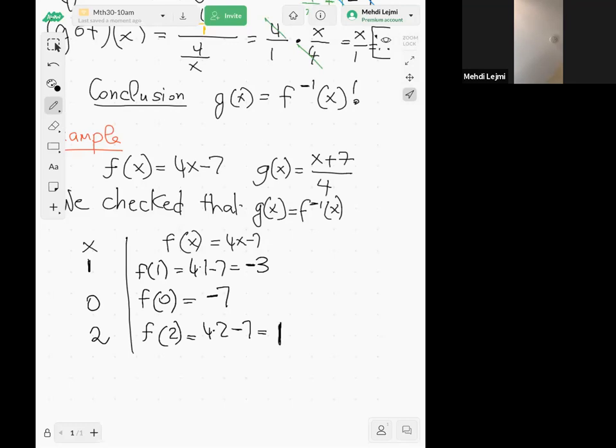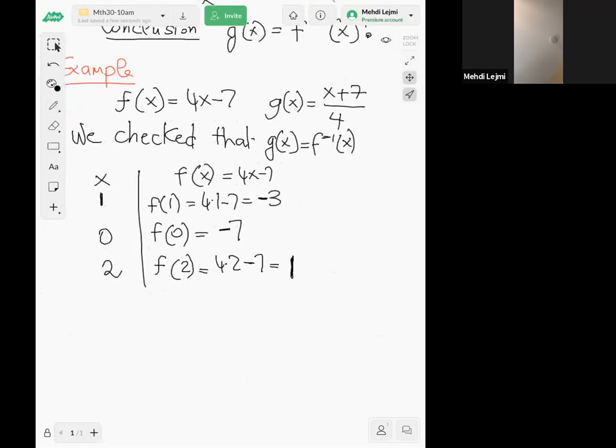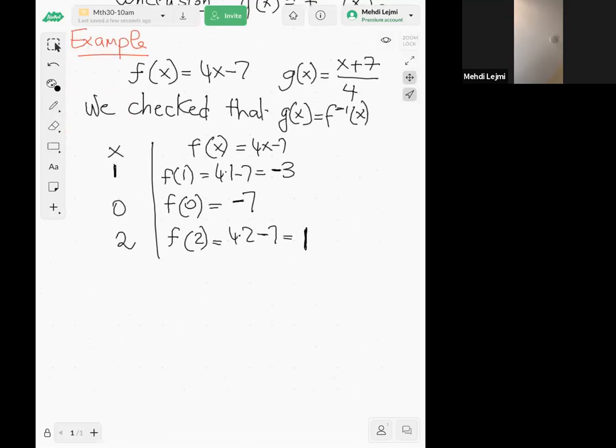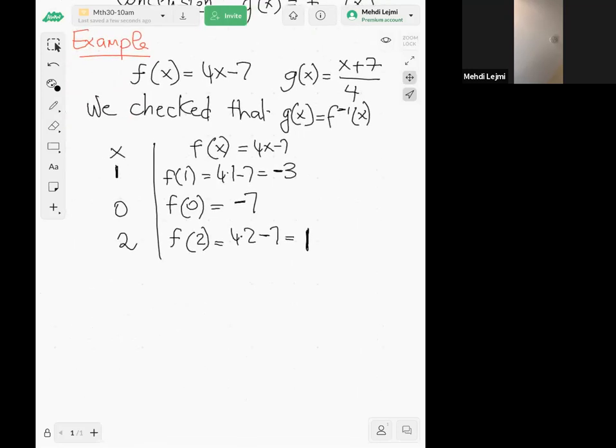Now what I'm going to do is interchange. I'm going to make a table of values of g, a different table, but with the function g instead of f.